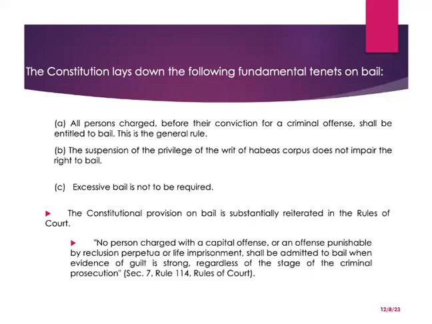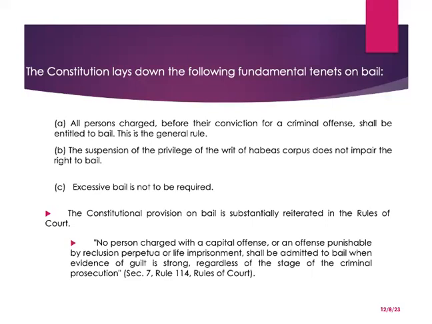Unless the charge against him is a capital offense, or the offense is punishable by either reclusion perpetua or life imprisonment, and the evidence of guilt is strong. Okay? The grant or the denial of bail to a person charged with an offense punishable by at least reclusion perpetua or life imprisonment is made dependent on whether or not the evidence of guilt is strong.